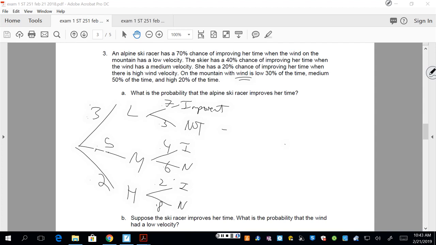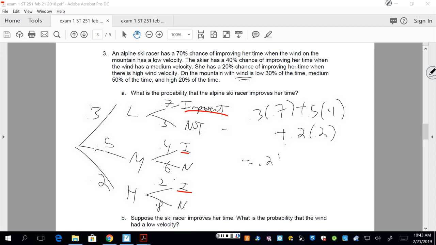So the chance for improvement, right, what is that? Multiply down the branches till you get to the endpoints here that have improvement. Right, so there's 3 of them with improvement. So 0.3 times 0.7 plus 0.5 times 0.4 plus 0.2 times 0.2.